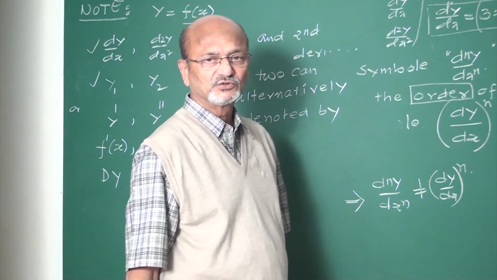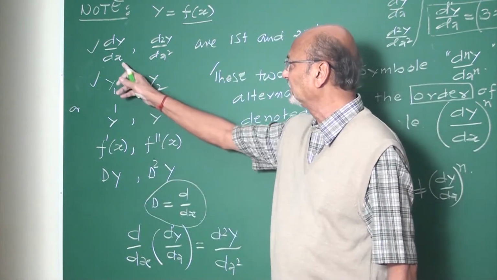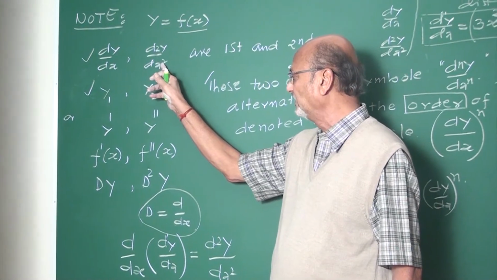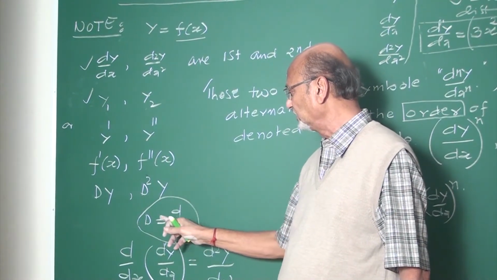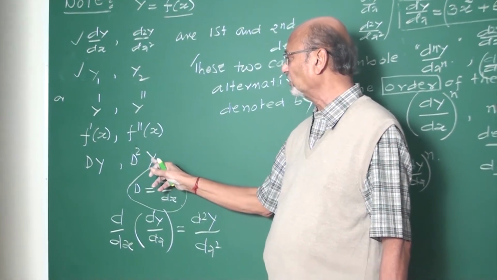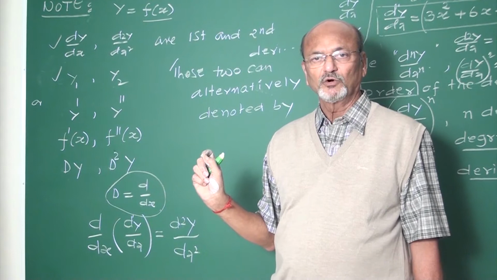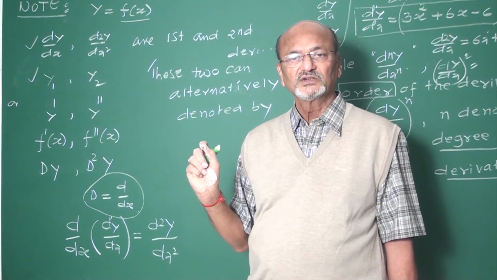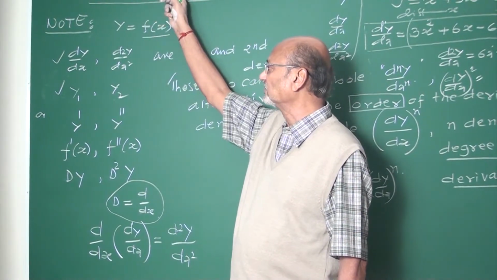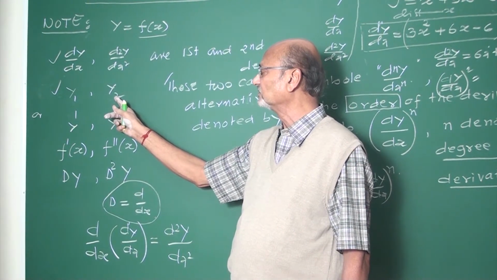All these are alternative symbols to write dy by dx and d2y by dx2. Normally, especially in successive differentiation, we use either this, or y1, y2, which are equally popular.